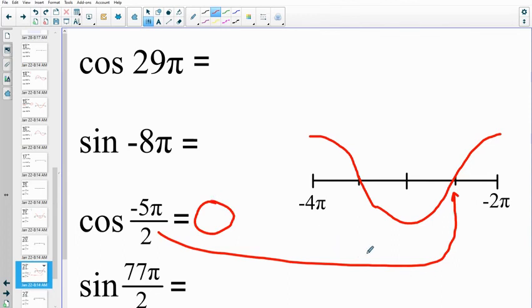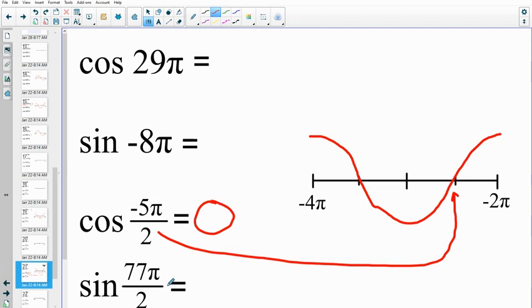As you're working through these problems, if you're struggling, if you're having a tough time, you can use your calculator to check your answers, but please make sure that you can do these problems without a calculator eventually. For something like 77 pi over 2, well, just think, what's half of 77? Let's see, half of 76 would be 38.